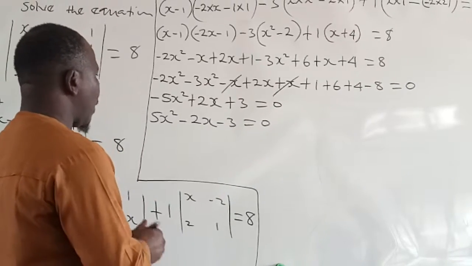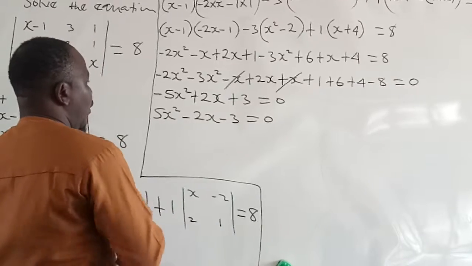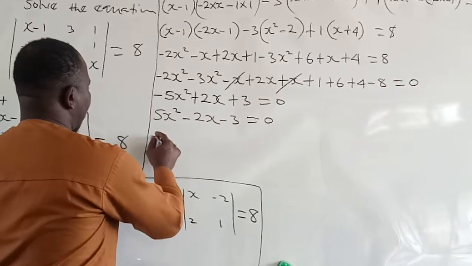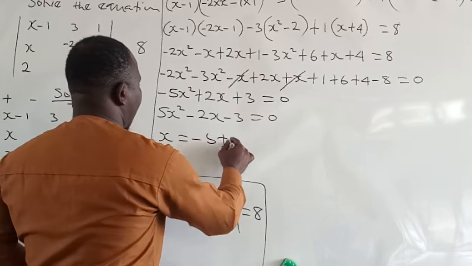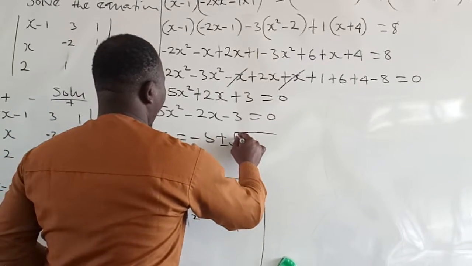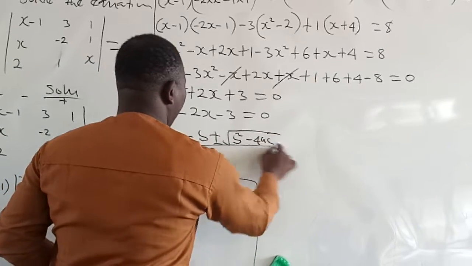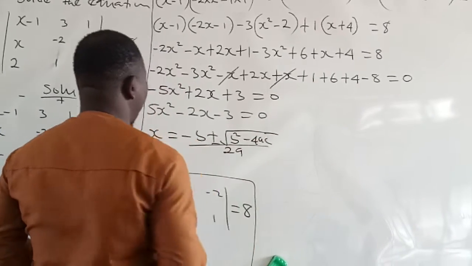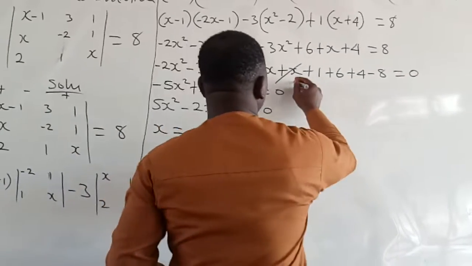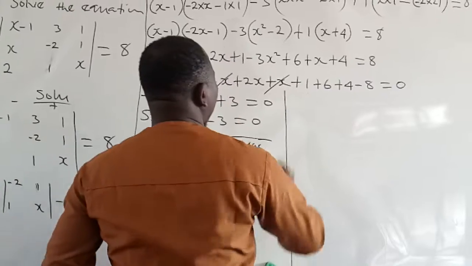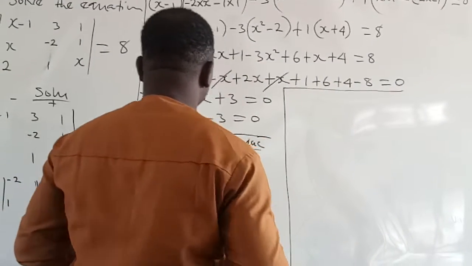Is that clear? So now let us apply the formula method. We know that our formula is x equals minus b plus or minus the square root of b squared minus 4ac, all over 2a. Amen? Okay. Now, let us look for our a, b, and c.